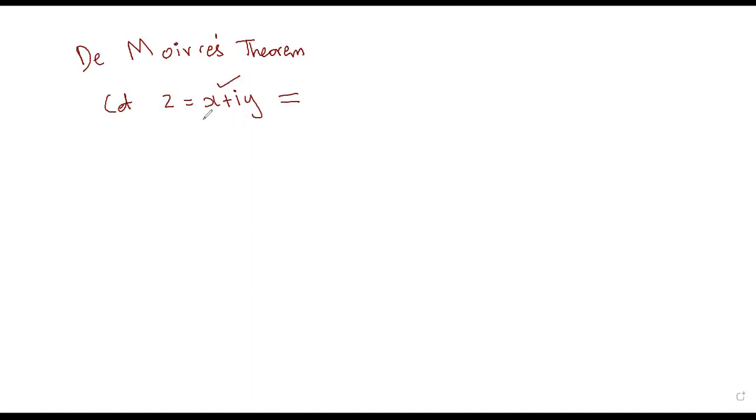So if this is one way of writing a complex number, the other way of writing a complex number is r cos theta plus iota r sine theta. And I'll tell you this as well.